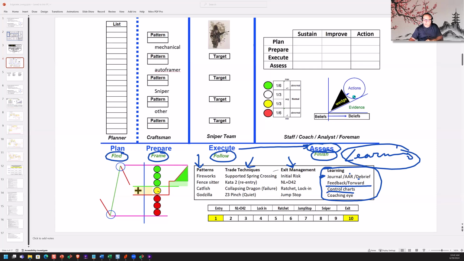And what we're going to do through learning in this way with our trusted others is learn to develop a coaching eye.